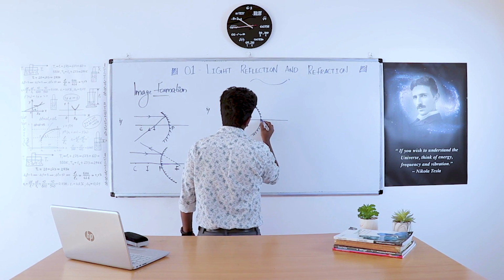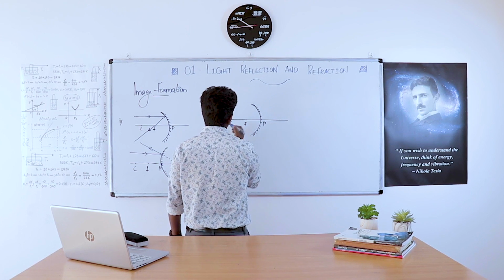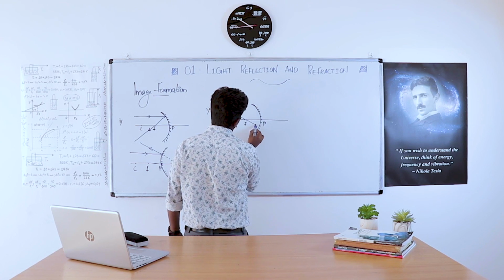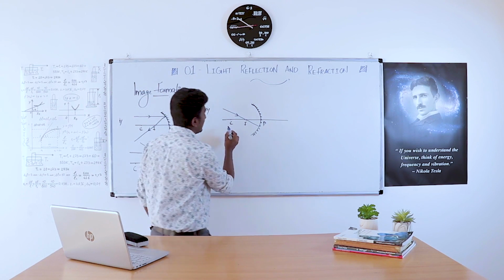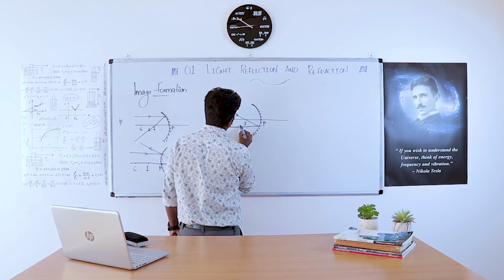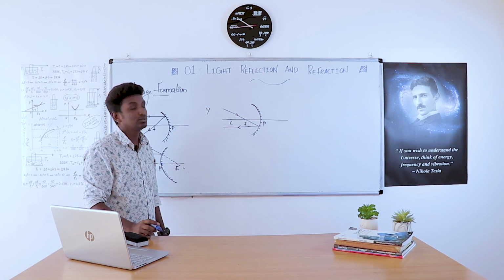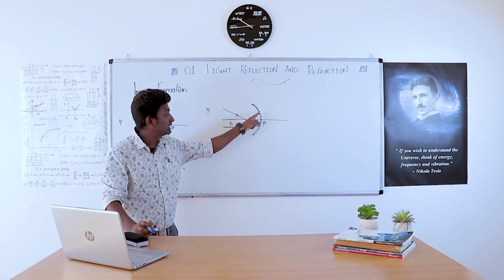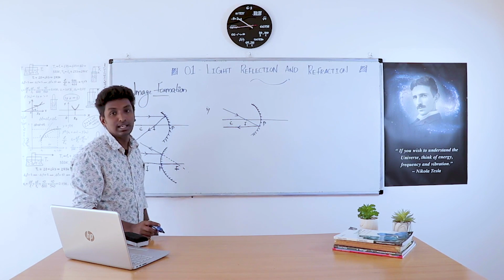This is the principal axis, pole, focus, center of curvature. When a ray of light comes through focus, then after reflection from the mirror, it passes parallel to the principal axis. So look here, the ray of light is coming through the focus. After reflection from the mirror, it passes parallel to the principal axis.